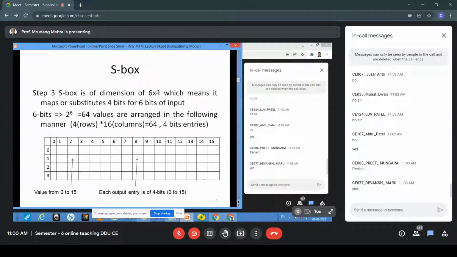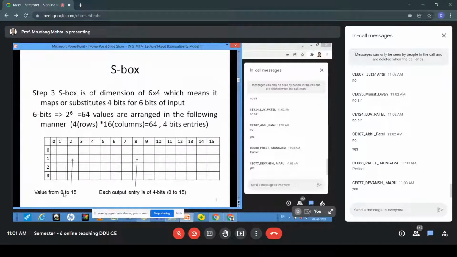So how is it done? 6 bits of input means 2 raised to 6, that is 64 values. And these 64 values are arranged in 4 rows and 16 columns. You can see that this is the first row numbered 0 and there are 16 columns numbered from 0 to 15. So there are 4 rows, 16 columns, and this results in 64 values, and that is shown over here.